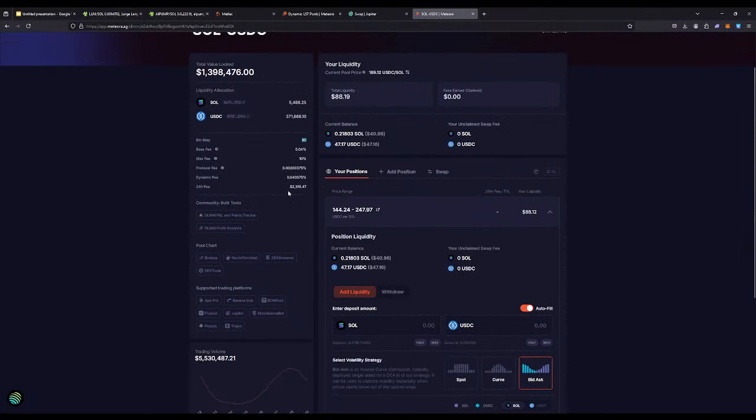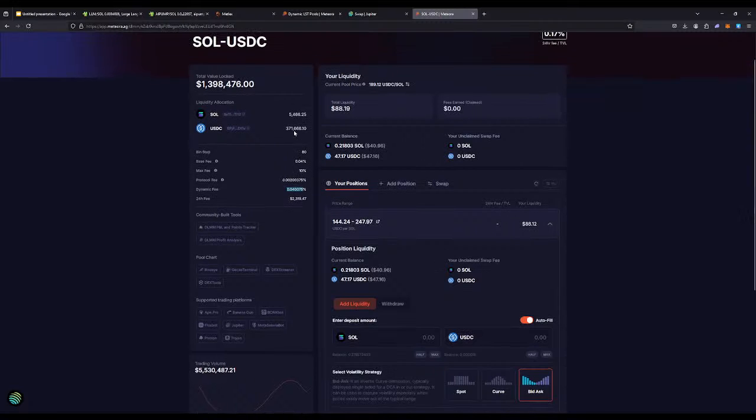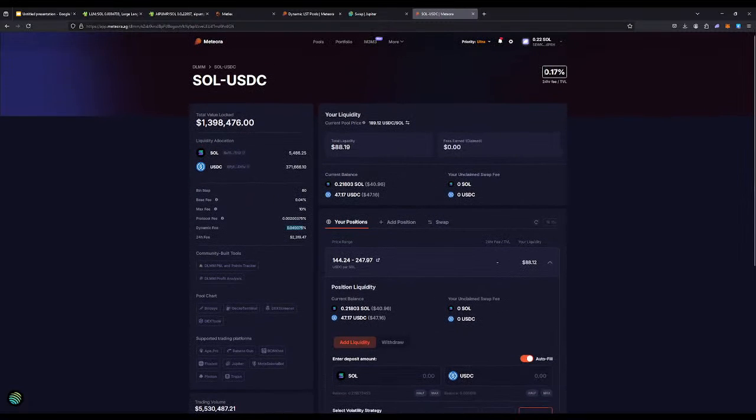Since this is an 80 bin step pool for Solana, I don't expect price to move much. And if you look here, the fee being charged is also 0.04. So this pool is basically making a 24-hour fee of 0.17%.